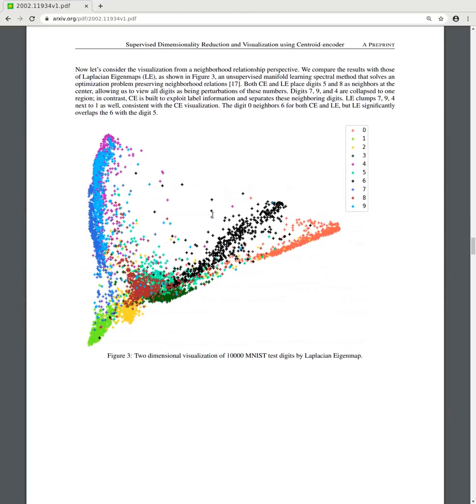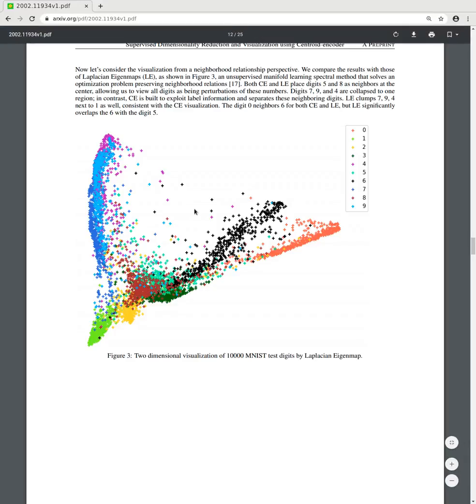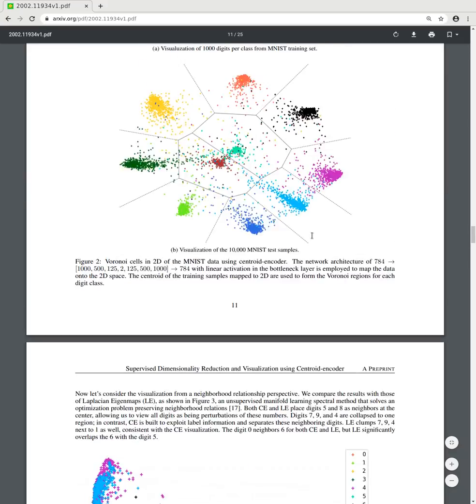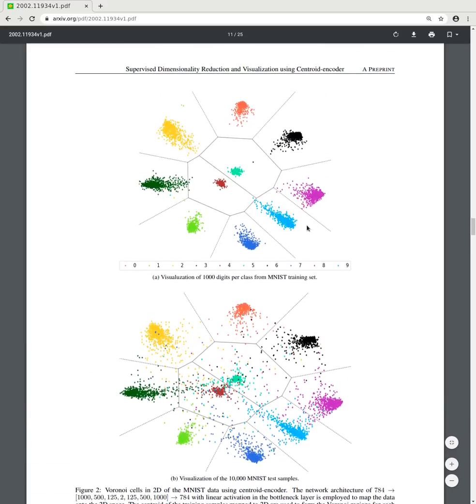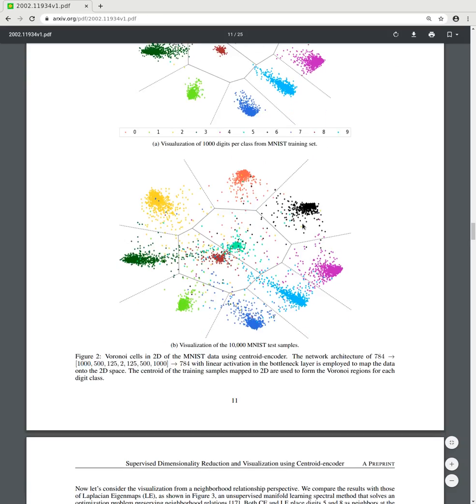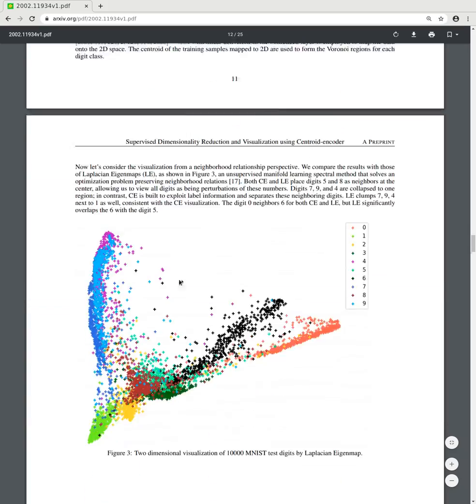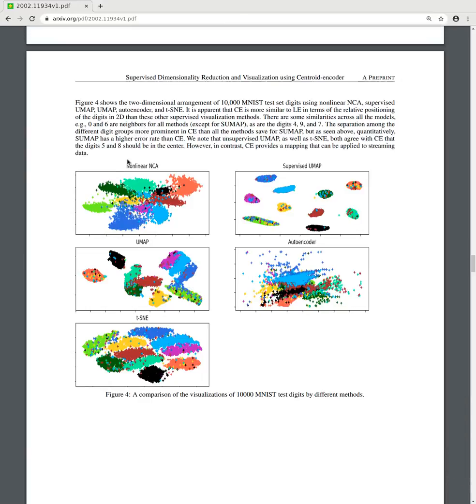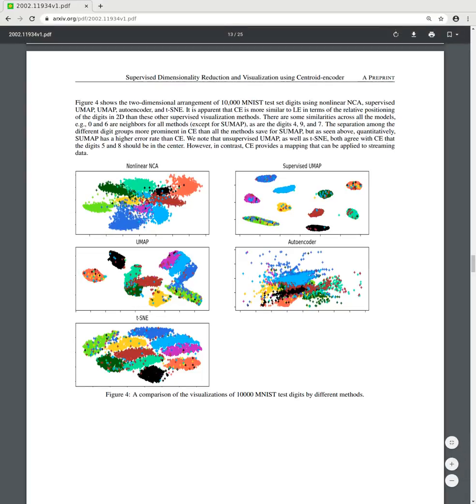In the Laplacian eigenmap, the clumps of data points corresponding to certain classes are narrow bands that are overlapping, while in the visualization of the Centroid-encoder, the data points are more separated into their own distinct clumps. Also here we have a nonlinear NCN and other dimension reduction methods, t-SNE and so on.